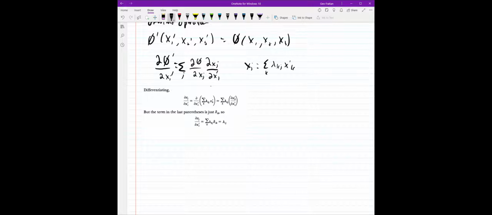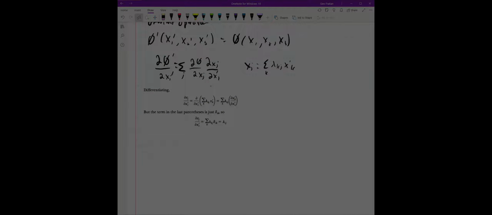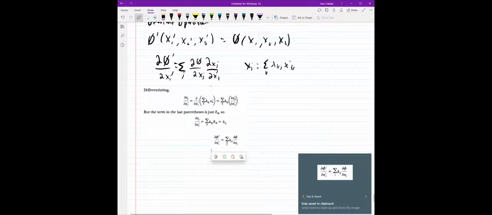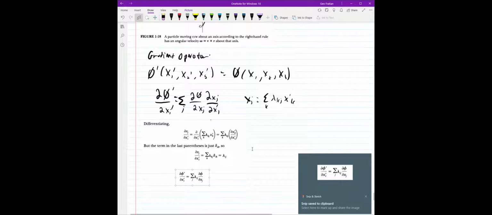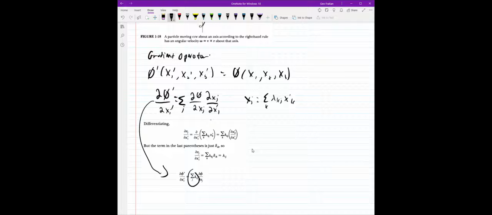So let's conclude that if we go from here to here, we just see that this pops out again. And now we can define the grad function, because phi was an arbitrary scalar function.